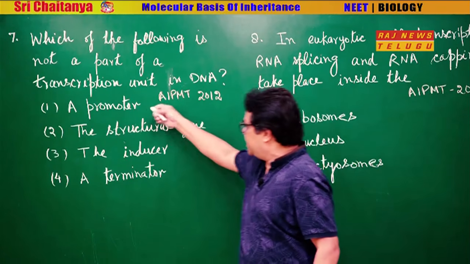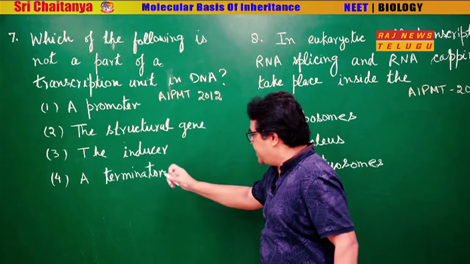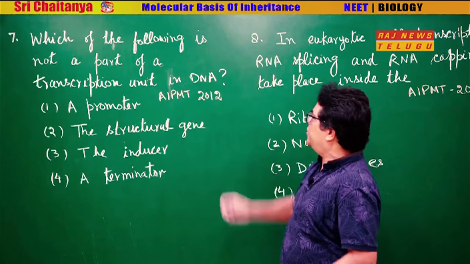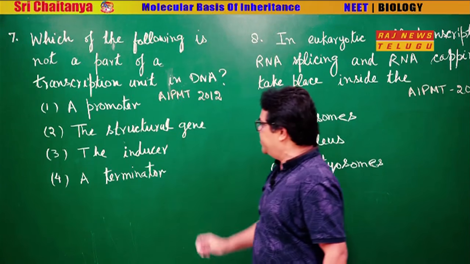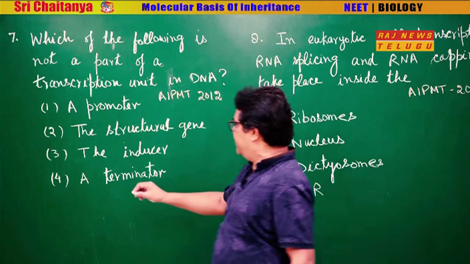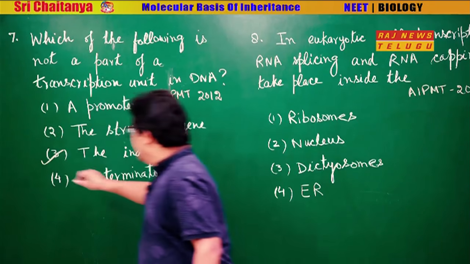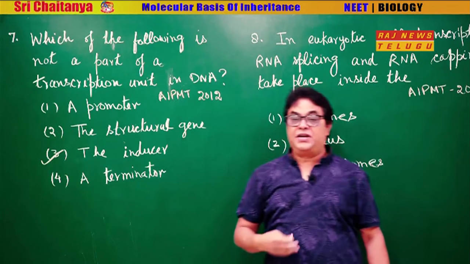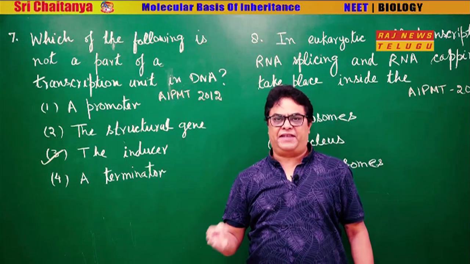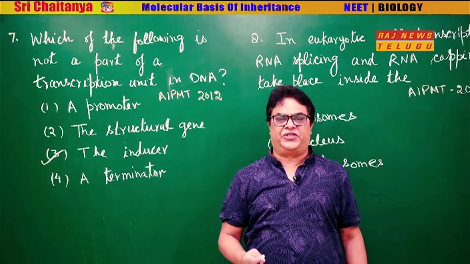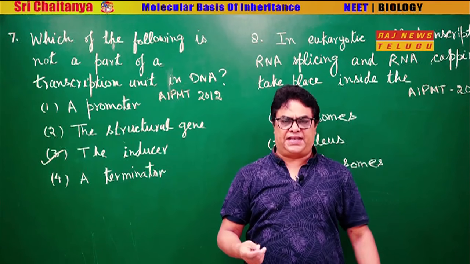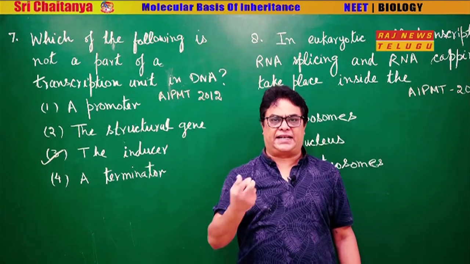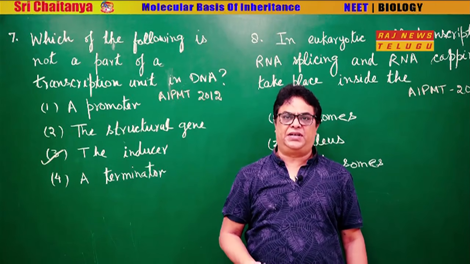So, promoter, structural gene and terminator are parts of the transcription unit. It means our answer will be the inducer. Inducer is not a part of the transcription unit. Now, what is an inducer? That we will study when we study regulation of gene expression. An inducer is a chemical that induces the activity of a gene.